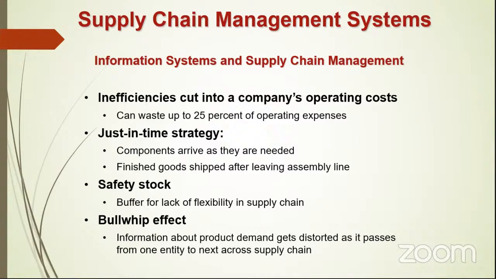In the best case scenario, they'll go with a just-in-time strategy, which means that the firm only gets things exactly when they need them. But that can be tricky, because if the just-in-time is not exactly in time, you could have a problem where for a few hours or a few days you don't have anything. That's why many firms have a safety stock or buffer, so that in case there's a problem with the supply chain, you have some stock in store.